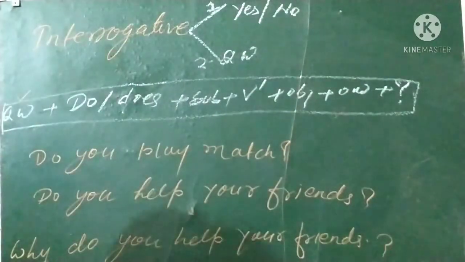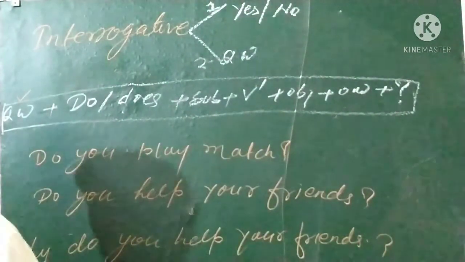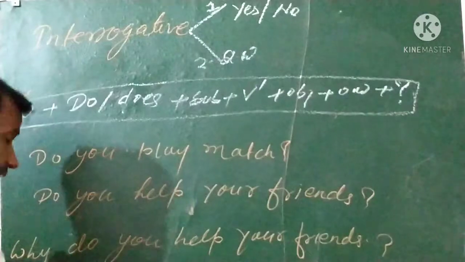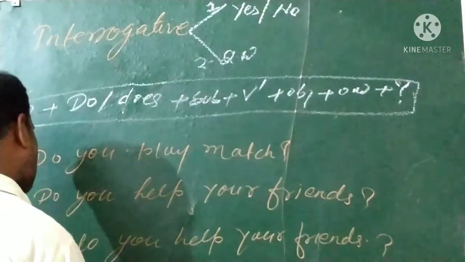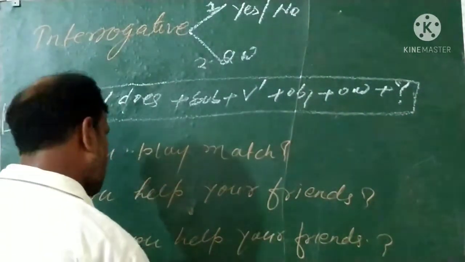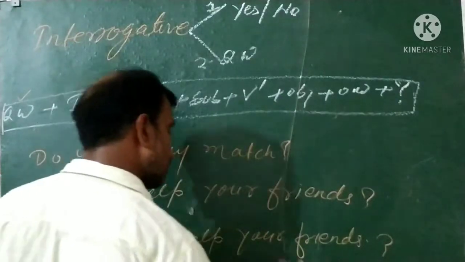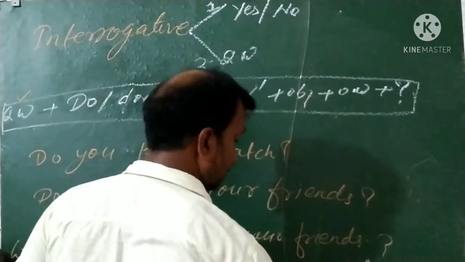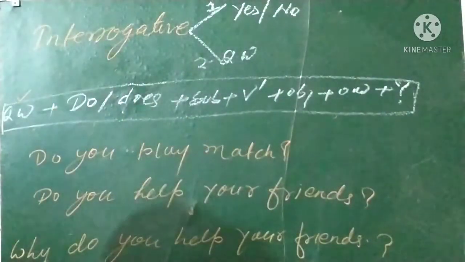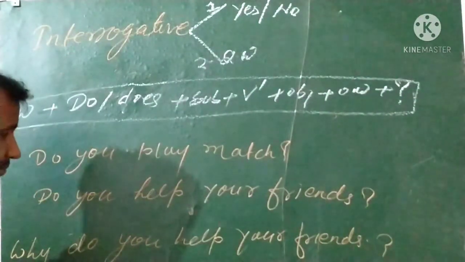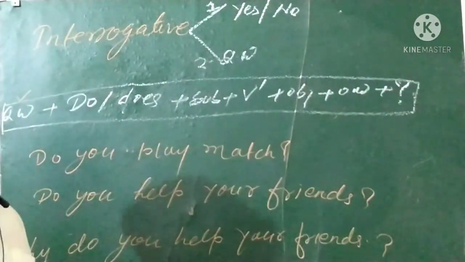This is the second type. आप स्कूल क्यों जाते हो या आप स्कूल कब जाते हो? When do you go to school? This is the interrogative. I hope so that कि आपको ये टर्म समझ में आ गया होगा.